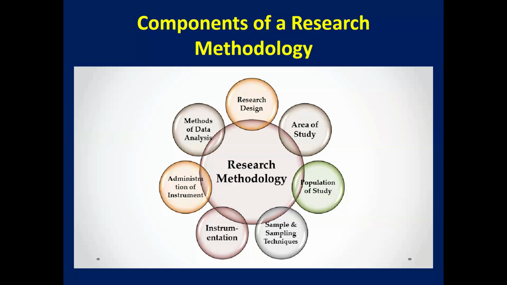Now, area of the study or study setting. Where do we have to conduct it, in a hospital or in the community? In a hospital, where, for example, in a urology setting, an ophthalmic setting, an OPD setting, a ward setting, a bedside setting. So we have to mention clearly the area of study or study setting.